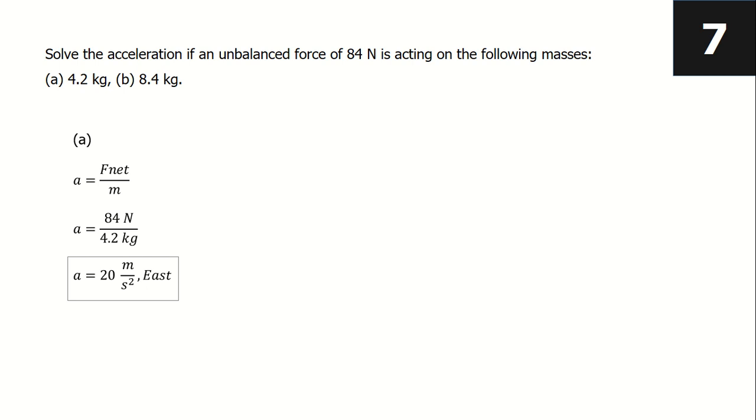So 84 divided by 4.2 is 20. Again, let's assume it's to the east. And for the second case, doing the same process, but this time dividing the force 84 newtons by a larger mass, 8.4 kilograms, what you get is half of the first acceleration, half of 20 or 10 meters per second squared east.